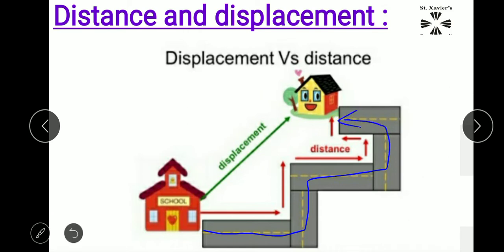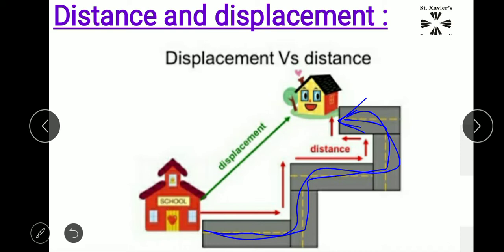We can't go directly from school to house in a straight line, because in between there will be many obstacles, so we will have to follow the path only. So when we are following this road path, the length of the actual path is called distance.